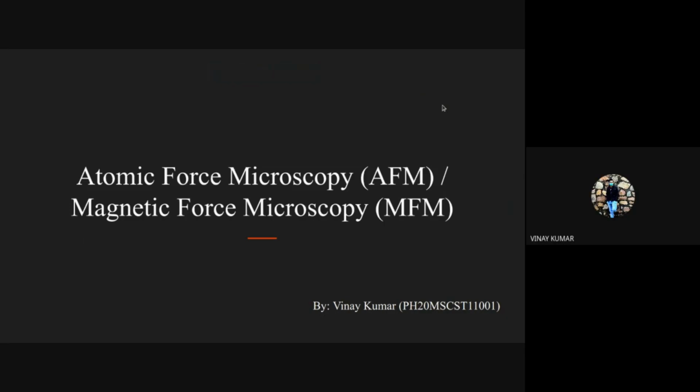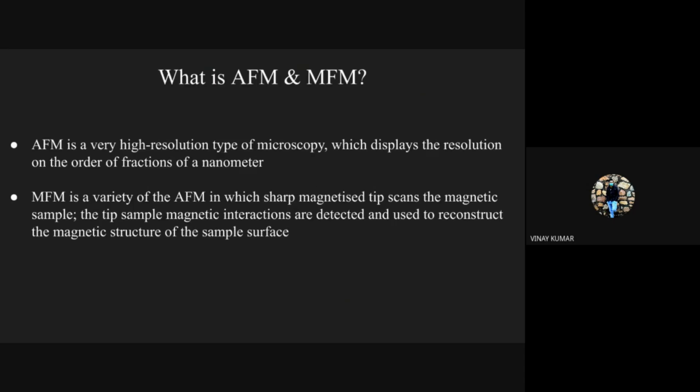Okay, so my topic is atomic force microscopy (AFM) or magnetic force microscopy (MFM). So first of all, what is AFM and MFM? AFM is generally used for very high resolution microscopy, with resolution on the order of a fraction of a few nanometers. We have various spectroscopy techniques, but the major advantage of AFM is high resolution.